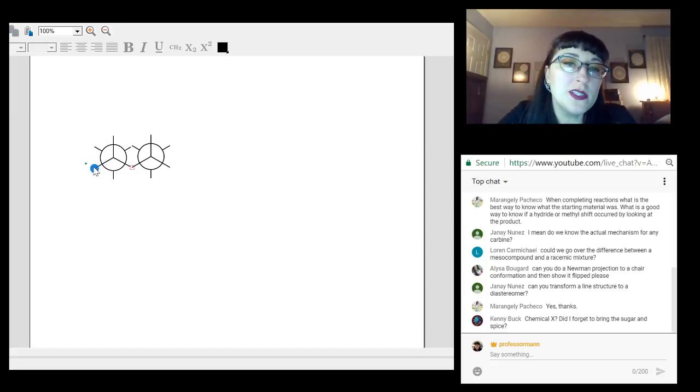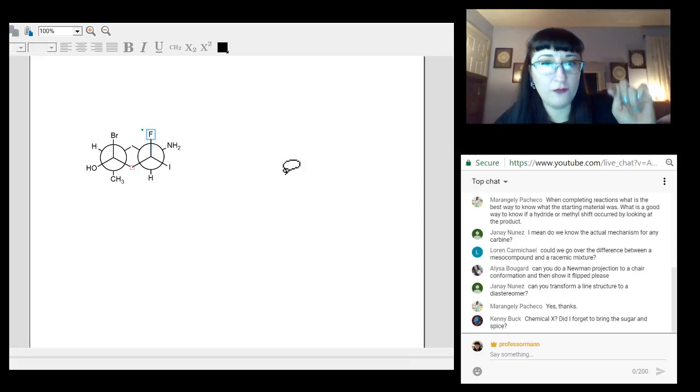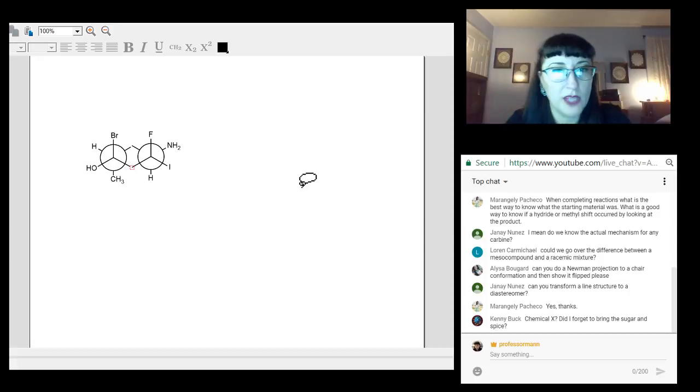Okay, so let's say I'm looking at something with CH3, Br. I'm just putting a lot of stuff on here. Hydrogen, NH2, iodine, hydrogen, and fluorine. That'll work. That's a polysubstituted cyclohexane, right?